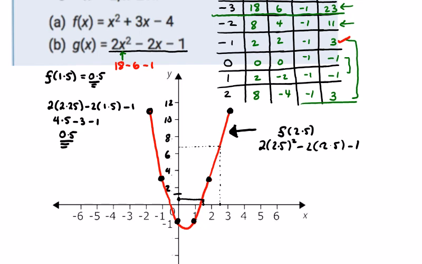So that's 6.25 by 2, 12.5, minus 5 minus 1, is 12.5 minus 6, so 6.5. So we just veered off a little bit.